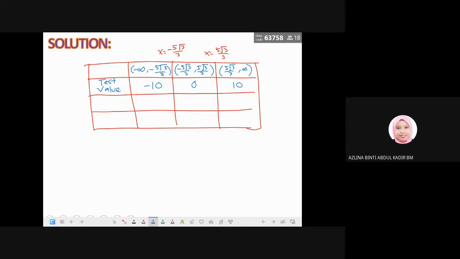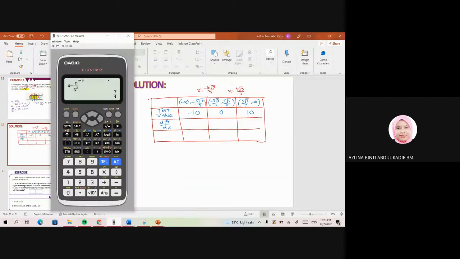Okay, next test ni kat sini first dA/dx, first derivative. Okay, then apa tadi? dA/dx is 50 minus 6x squared. Okay, awak insert dalam calculator.